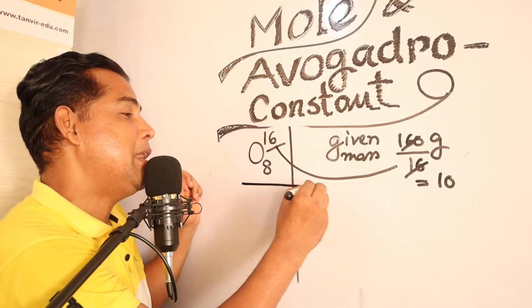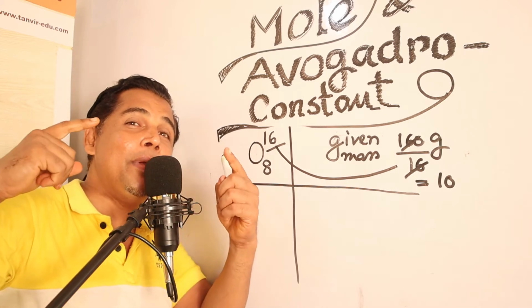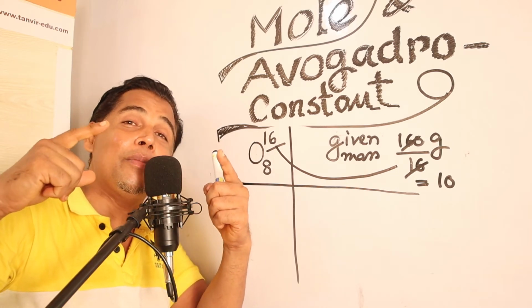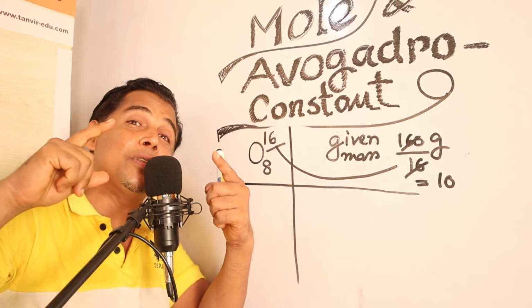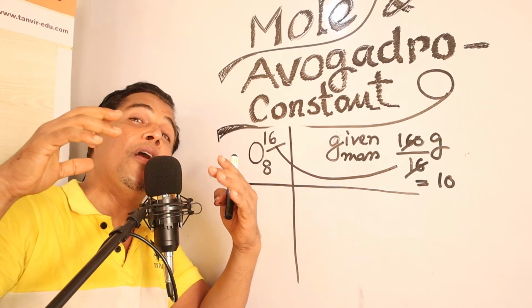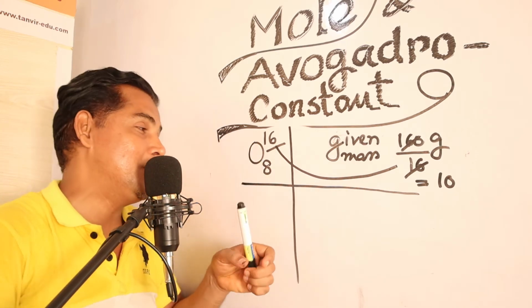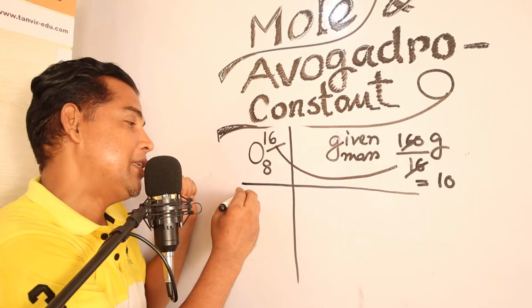Now I'm talking about when oxygen combines, many times a combination or reaction happens among the same atoms. Suppose oxygen and oxygen.